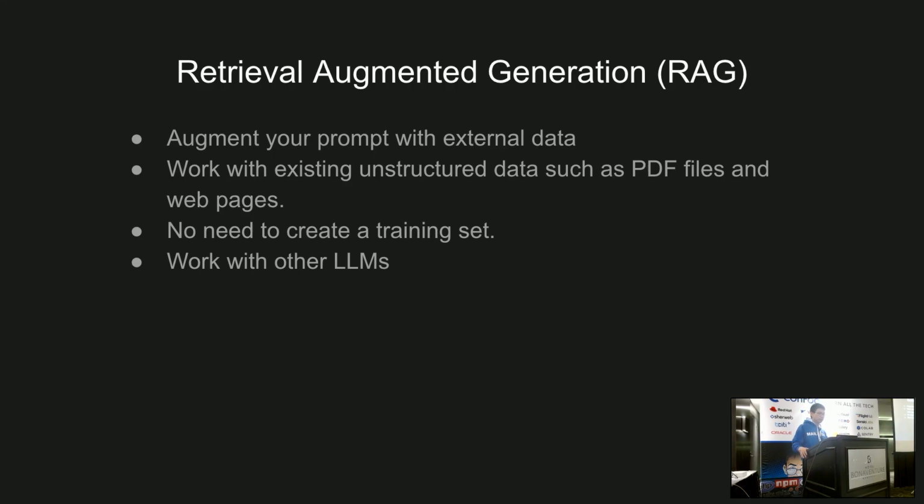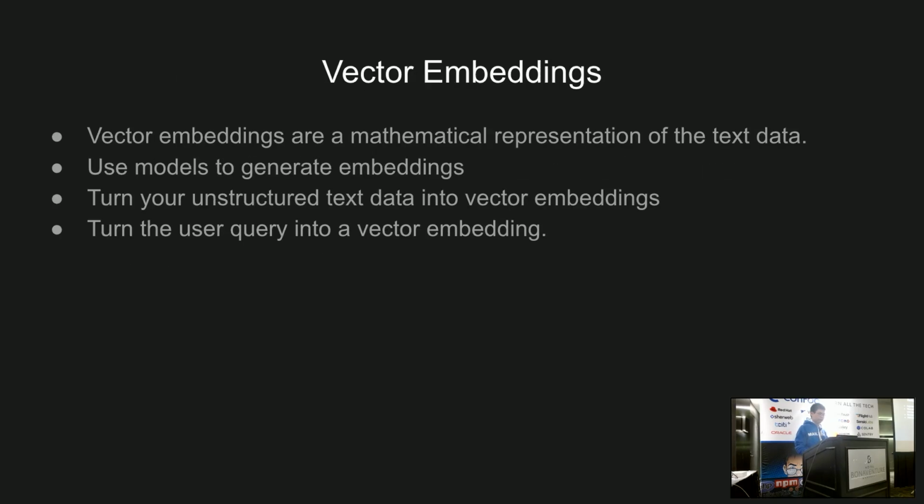No training data needed. It works with all the LLMs, not just OpenAI, right? You can use Anthropic, DeepSeek, Grok, or Gemini. It doesn't matter, because you essentially feed the processed data back into the prompt to augment the prompt.